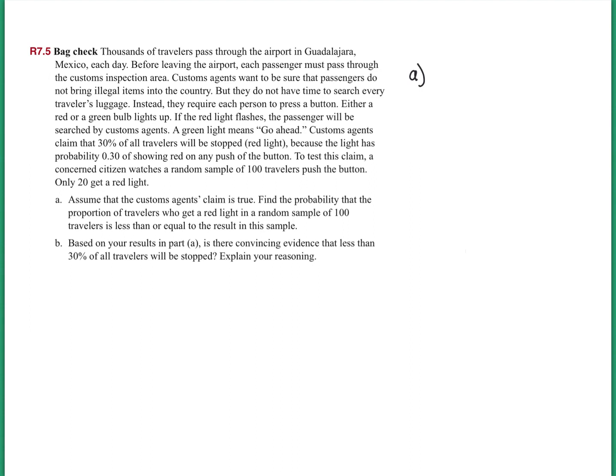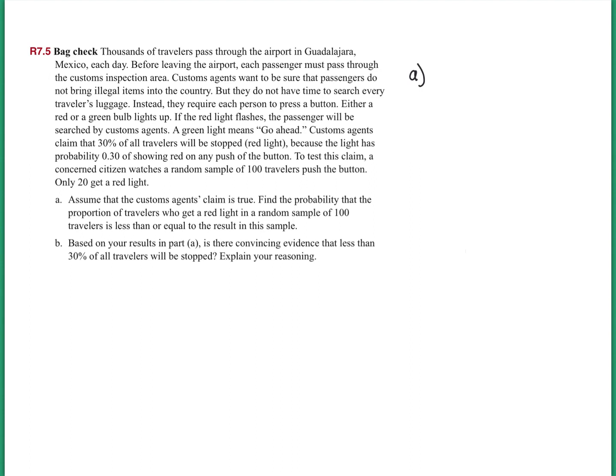Assume that the customs agents' claim is true, so the red light goes off 30% of the time. Find the probability that the proportion of travelers who get a red light in a random sample of 100 travelers is less than or equal to the result in this sample, so less than or equal to 0.2.